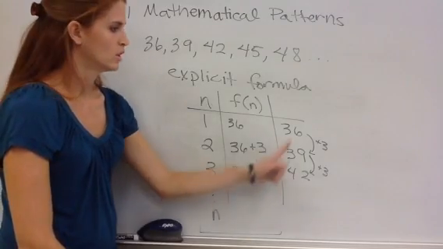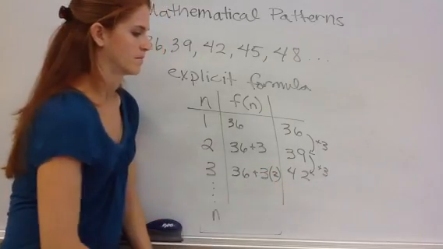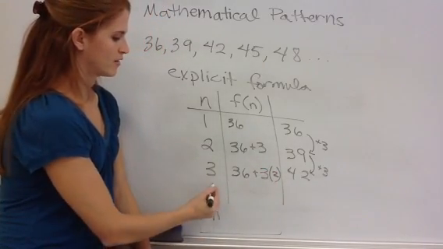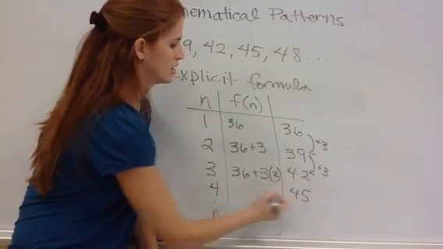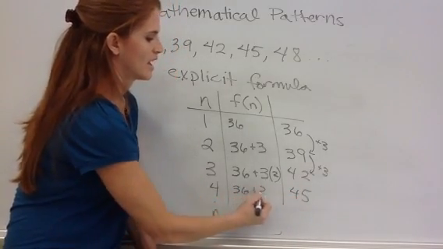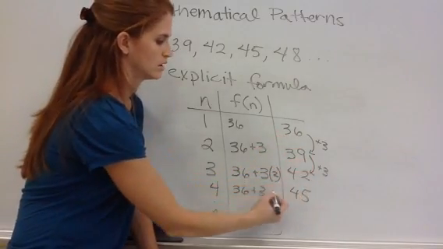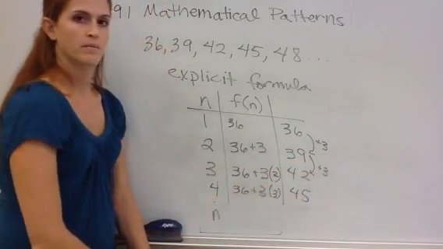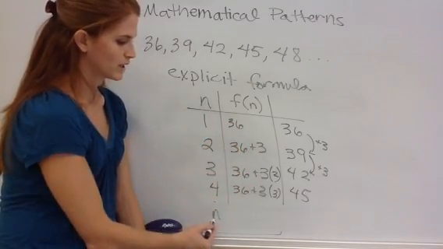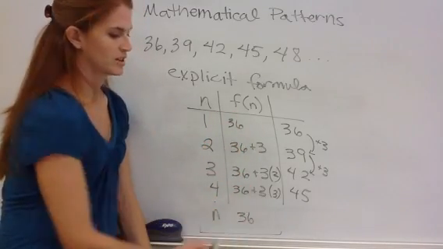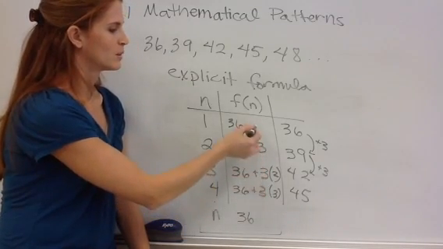Well, I'm going to have to add 3 twice. If I were to have the fourth term in here, and that one is 45, you want to start with 36. And now how many times am I going to be adding 3? 1, 2, 3. 3 times. Hopefully you see the pattern. This number stays the same. So when we get to n, we're going to have 36. Hopefully you notice this number stays the same, but it wasn't written here.